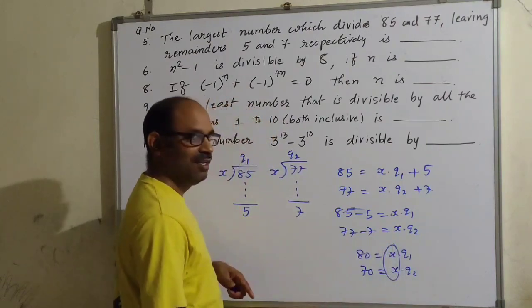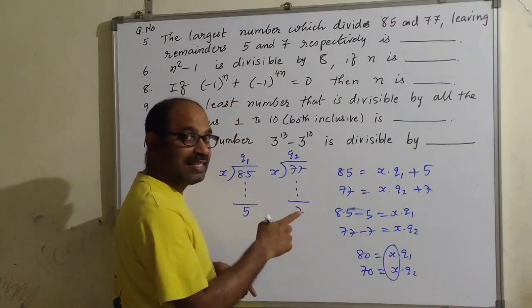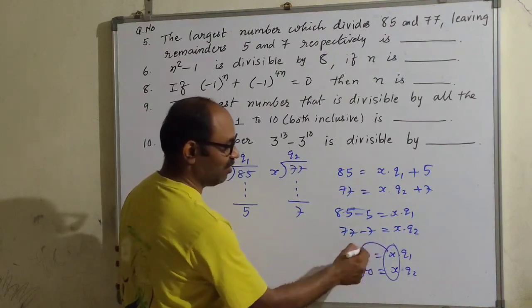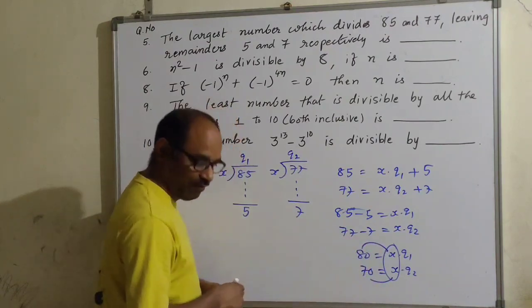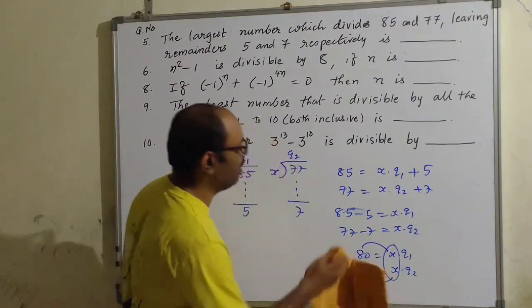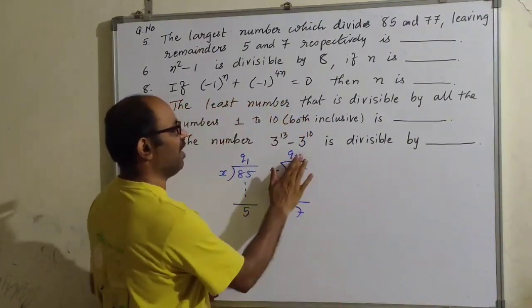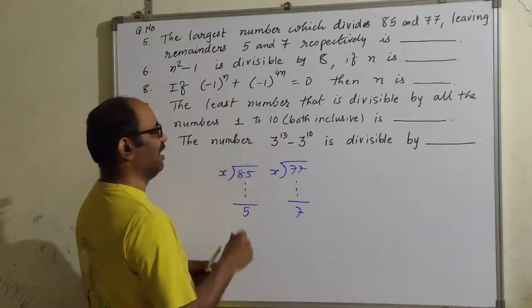So in this situation, this is visualizing HCF. So this x is the HCF of 80 and 70. Children, you can write this directly here. With experience, you will realize this.